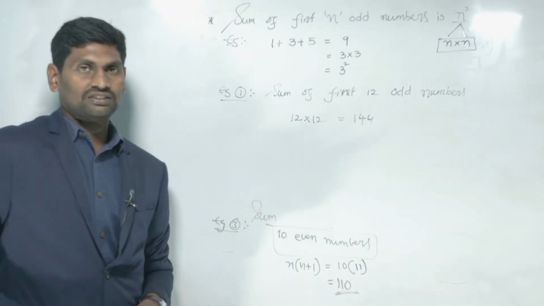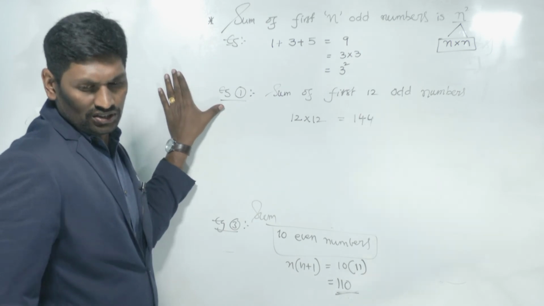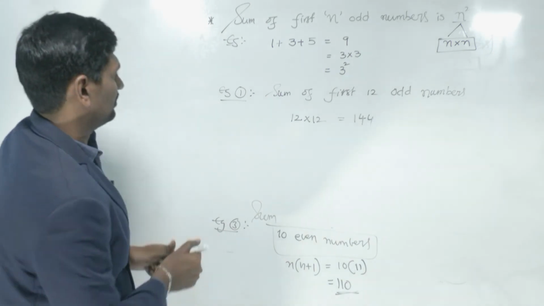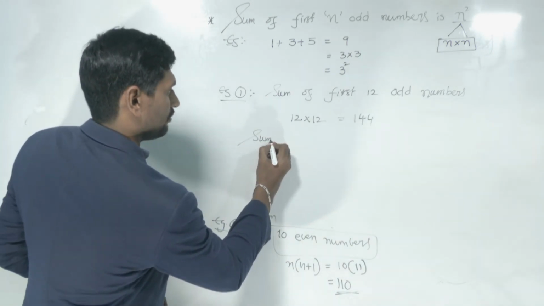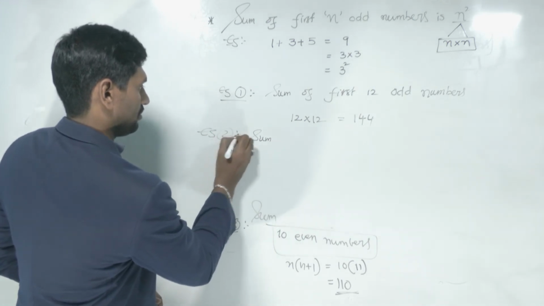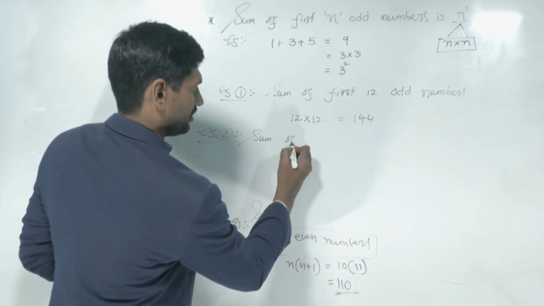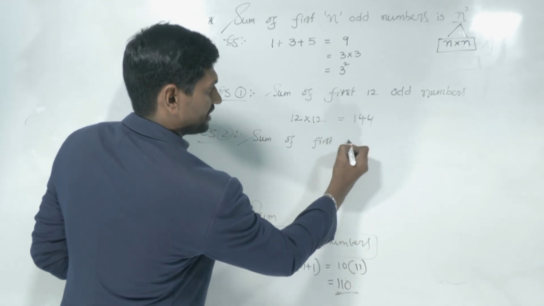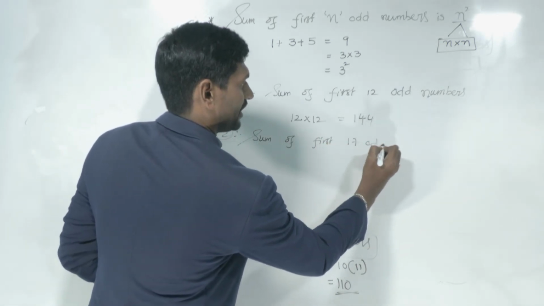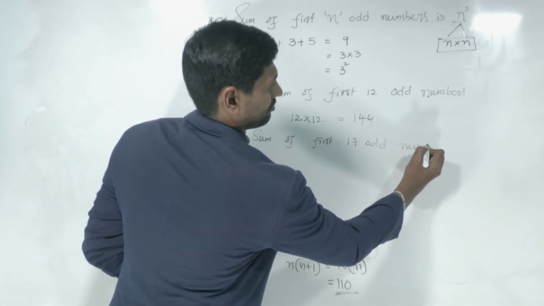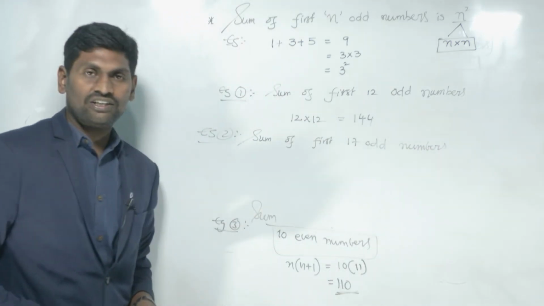Now your task. Example 2: sum of the first 17 odd numbers. Find the answers, children.